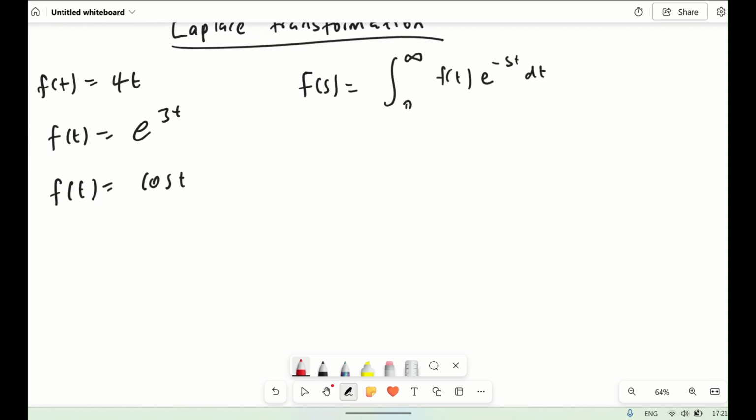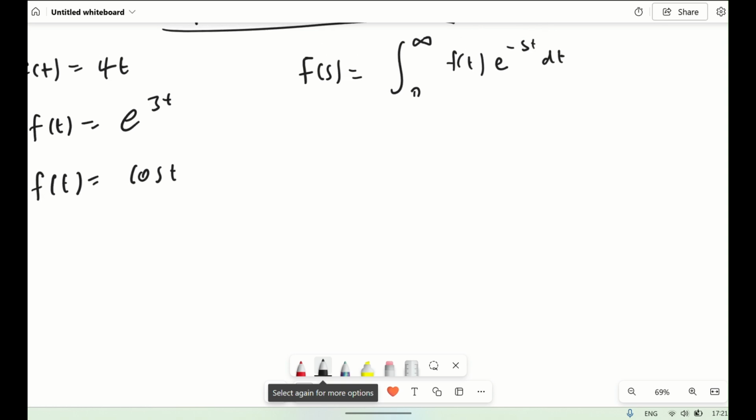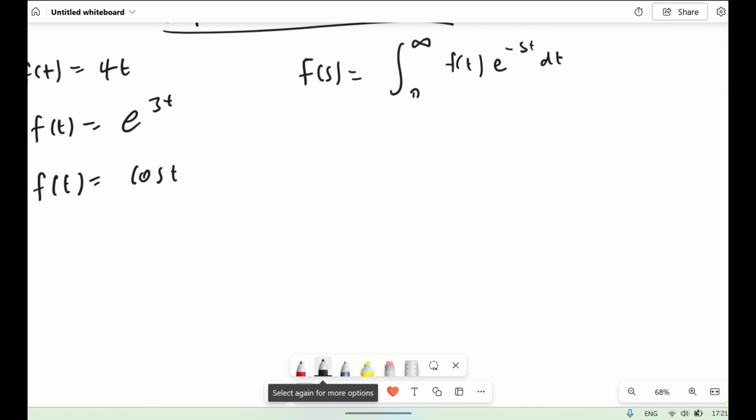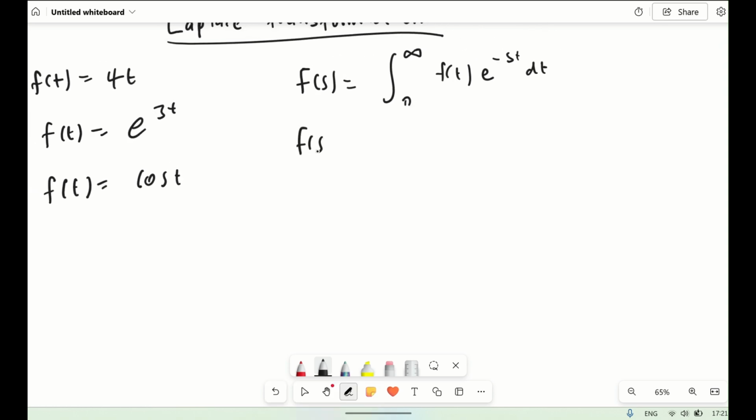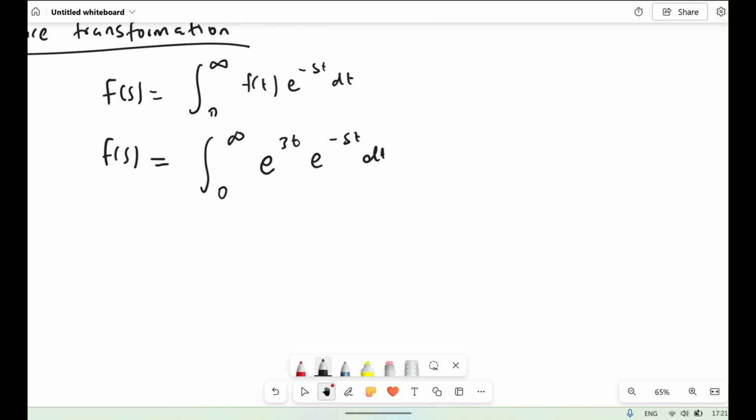So the next one is f of s equals the integral from 0 to infinity. Now we're going to substitute e to the 3t times e to the negative st dt.